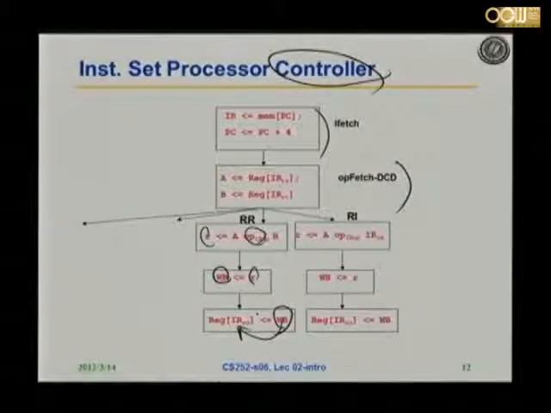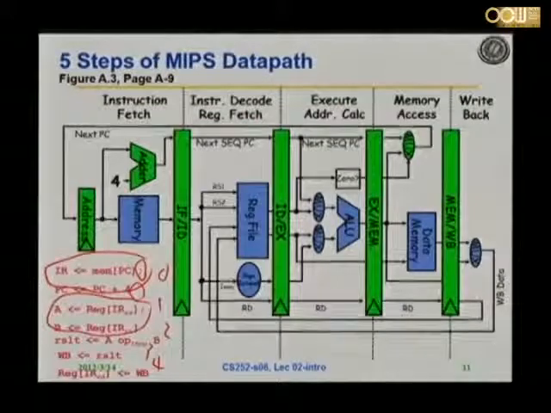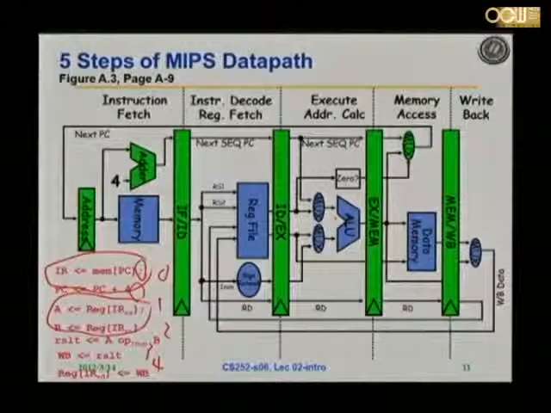However, if it's register immediate, then maybe we do immediate OPA. In other words, in here, we drop this out. We don't use it. How can we do that?